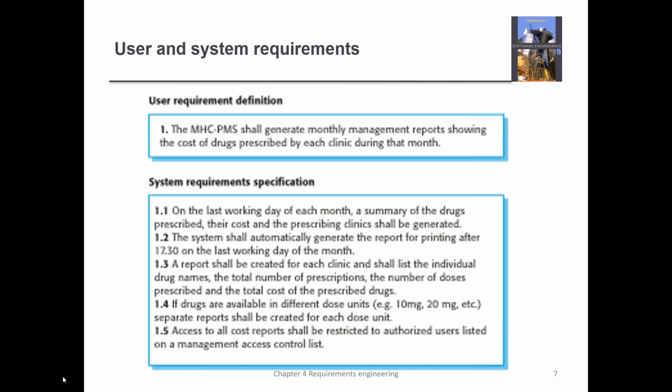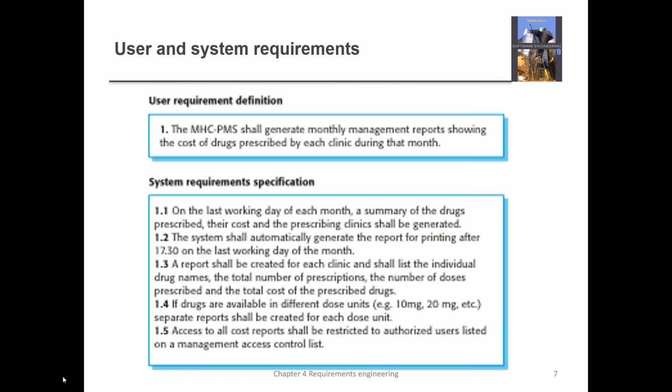But also in the system requirements, it tells you exactly when the summary must be generated, the last working day of each month. It doesn't matter if the month ends on a Saturday or a Tuesday, it is the last working day of each month that the report must be generated.